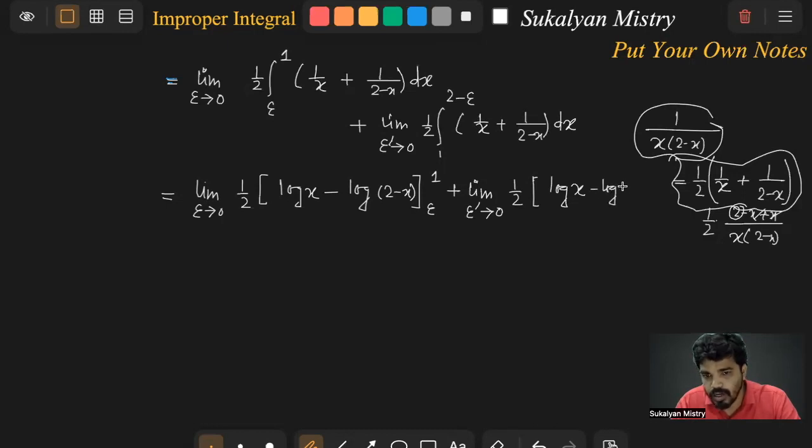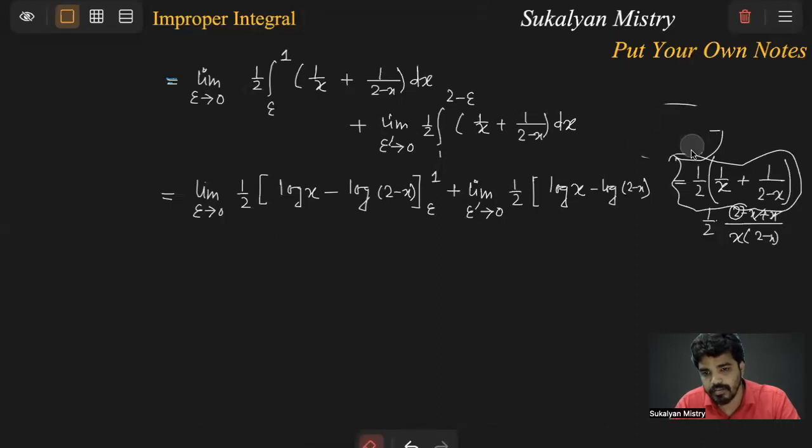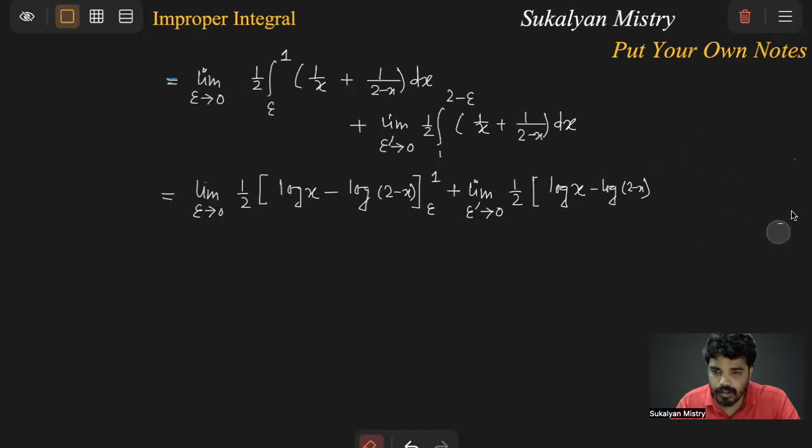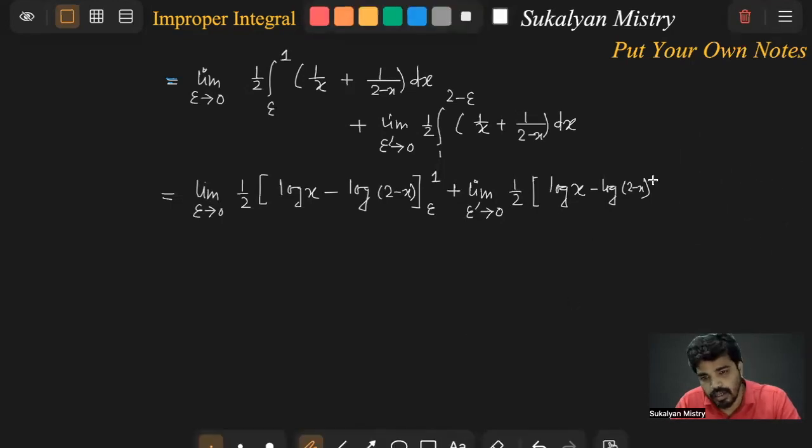Minus log 2 minus x. What is the limit? The limit is 1 to 2 minus epsilon. Now put the upper limit as well as the lower limit.